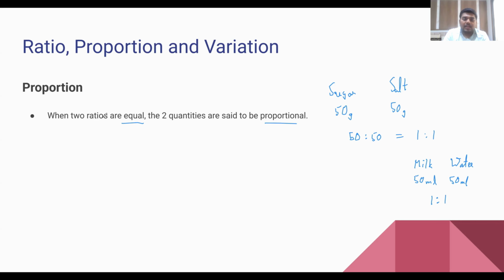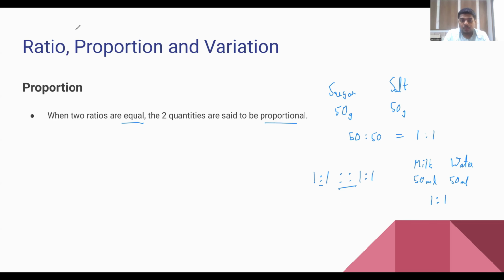And when two ratios are equal, the two quantities are said to be proportional, which means that the ratios can be compared as 1 is to 1 is as 1 is to 1. This is said as 'is to' and this is said as 'is as'. So it is a way of representing two equal ratios.